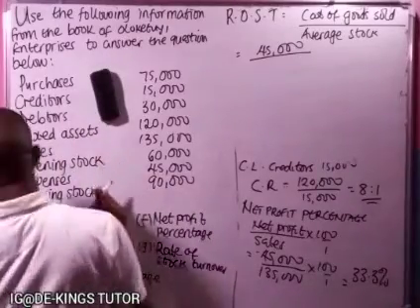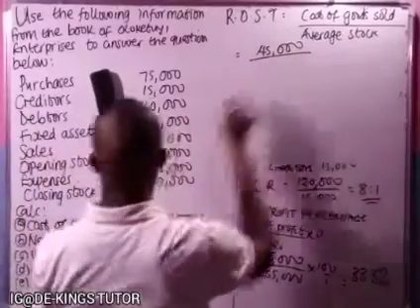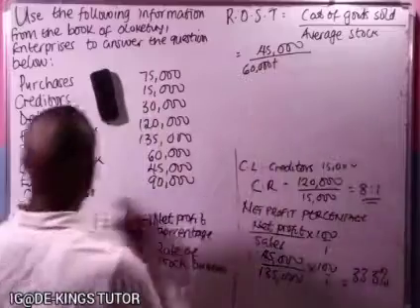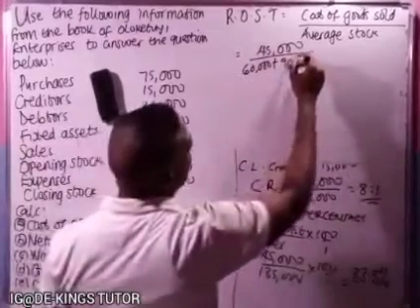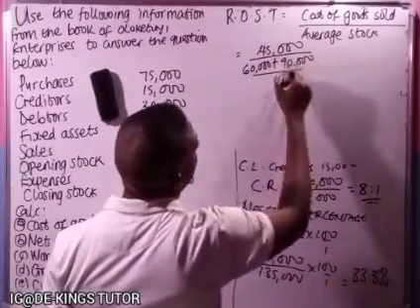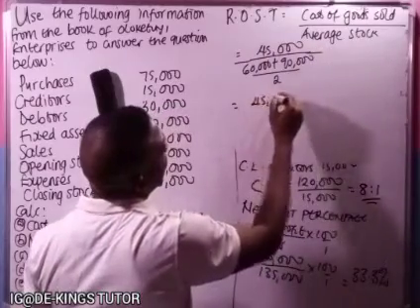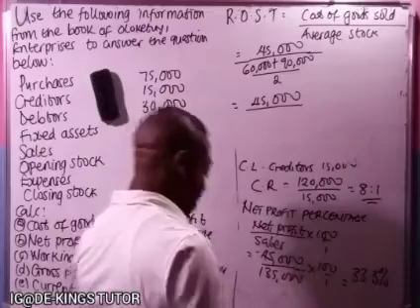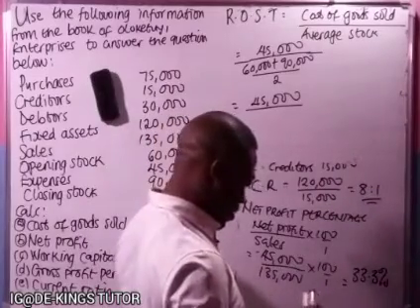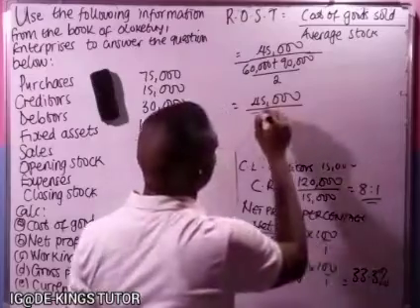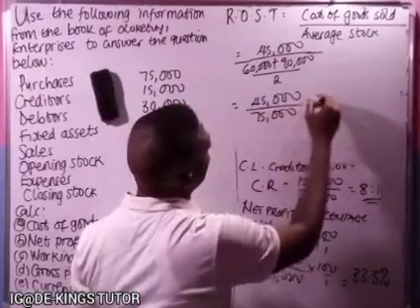Opening stock is 60,000 plus closing stock 90,000, divided by 2. So we have 45,000 divided by, now 60,000 plus 90,000 divided by 2 will give us 75,000.